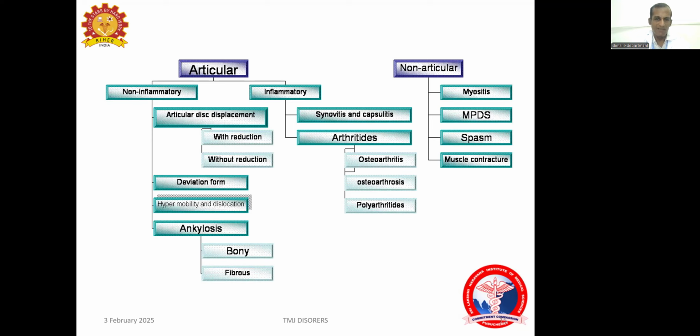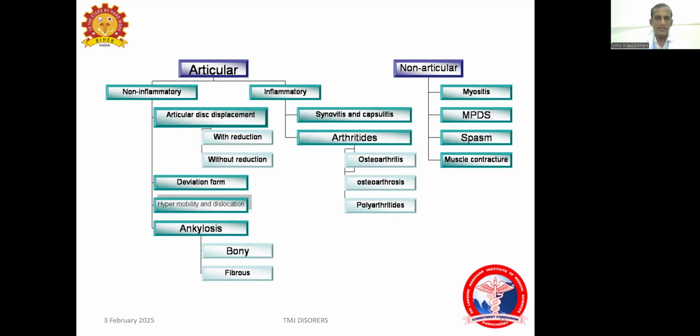It can be an inflammatory condition of the articular disc. It can vary with synovitis or capsulitis or arthritis, osteoarthritis or polyarthritis. That is the inflammatory condition of the temporomandibular joint pertaining to the articular disc.